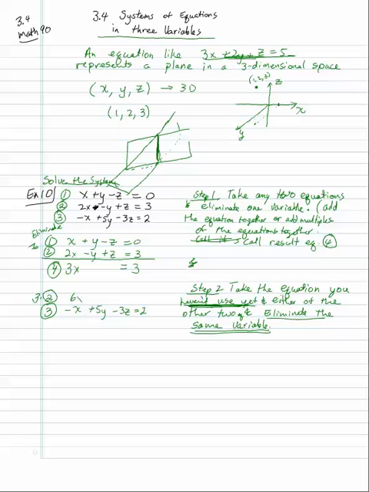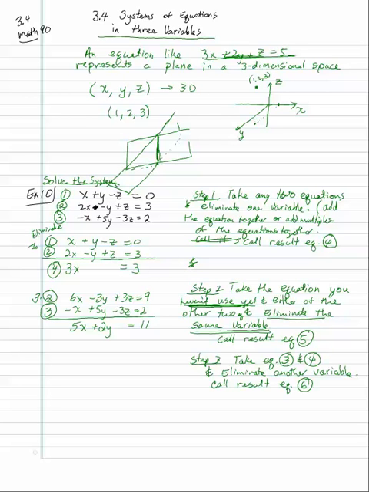So that's going to be 6x minus 3y plus 3z equals 9. And we're going to add those together, get 5x plus 2y equals 11. We'll call that result equation 5.